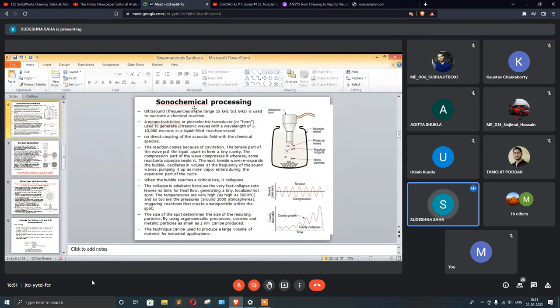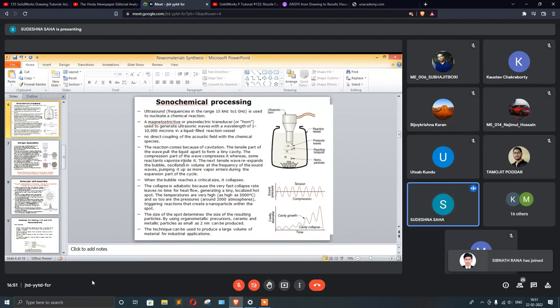The range of ultrasound is 15 kilohertz to 1 gigahertz for nucleation of a chemical reaction to take place. In this case also there are two steps. First is nucleation, and second is cluster formation, and then collisions, and finally you get the nanoparticle in clustered or aggregated form.